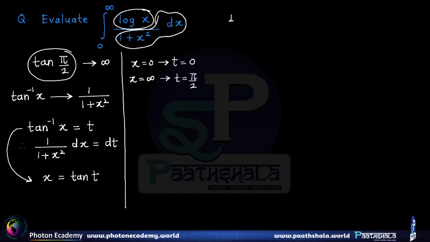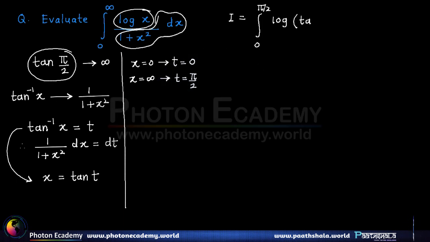Now our integral equals the integral from 0 to pi by 2 of log of x, which is tan t. So here we have log of tan t, and dx upon 1 plus x square is nothing but dt, right?